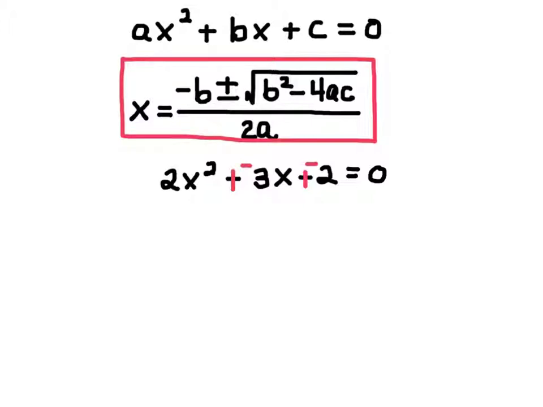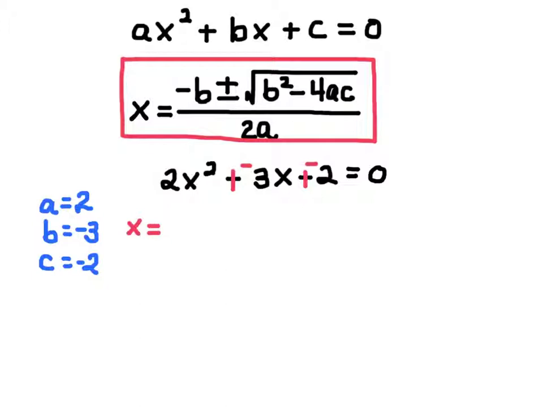So let's start by finding a, b, and c. A is 2. B is -3. And c is -2. And here we're going to use the quadratic formula that we have boxed in red to find the values of x which will make this equation true.